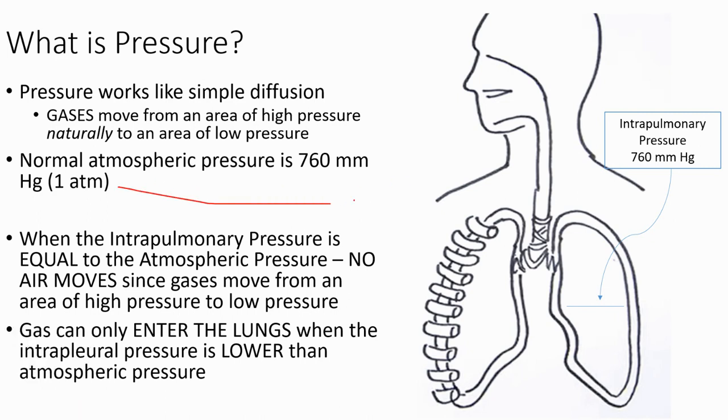So this out here is always going to be 1 atmosphere of pressure. So inside the lungs, if this is less than 1 atmosphere, then we're going to get movement into the lungs if our pressure is lower inside.